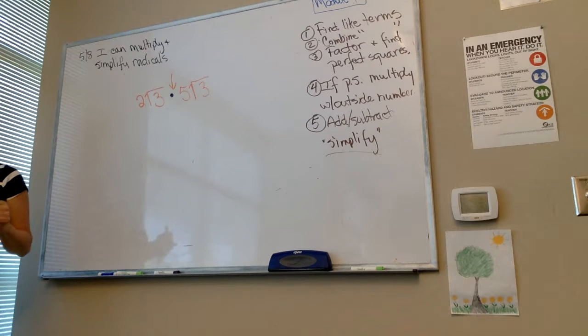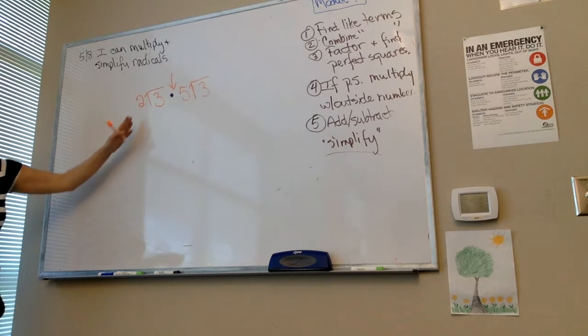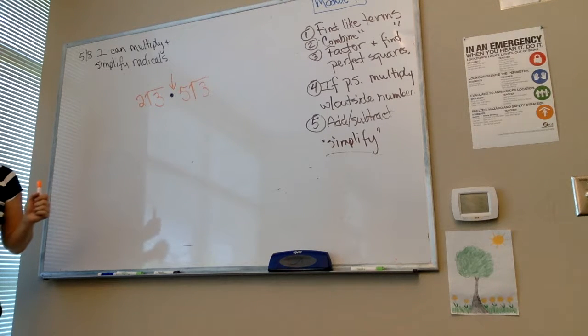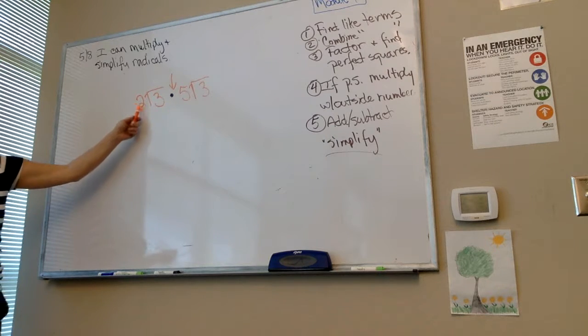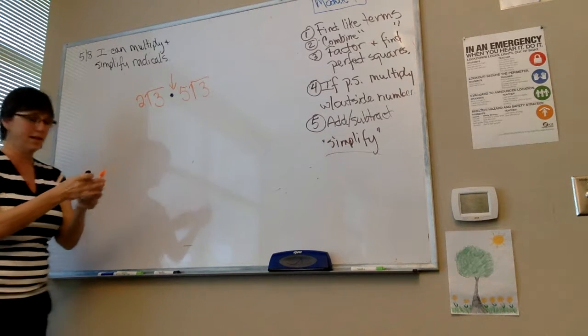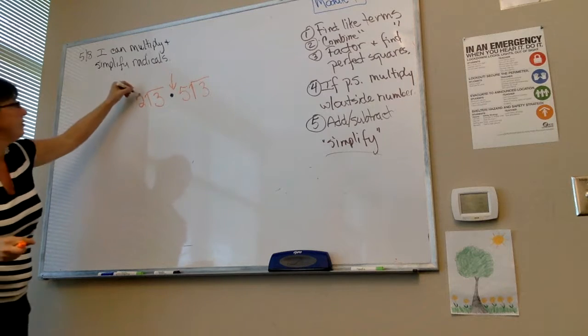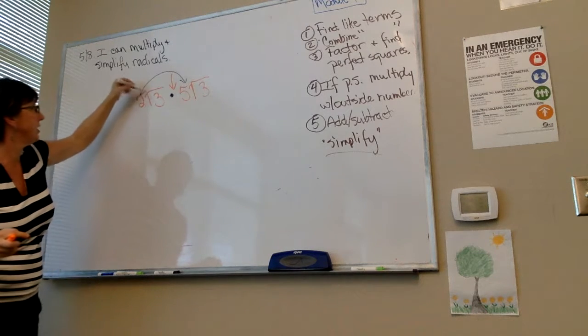Okay, so what's 2 times 5? All right, Andrea, what's 2 times 5? 10. Good. So we multiplied what's on the outside here together. 10.